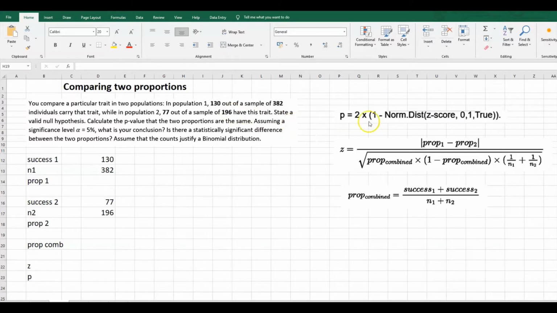So we can use a whole set of equations here. But first of all, we really need to state a valid null hypothesis.